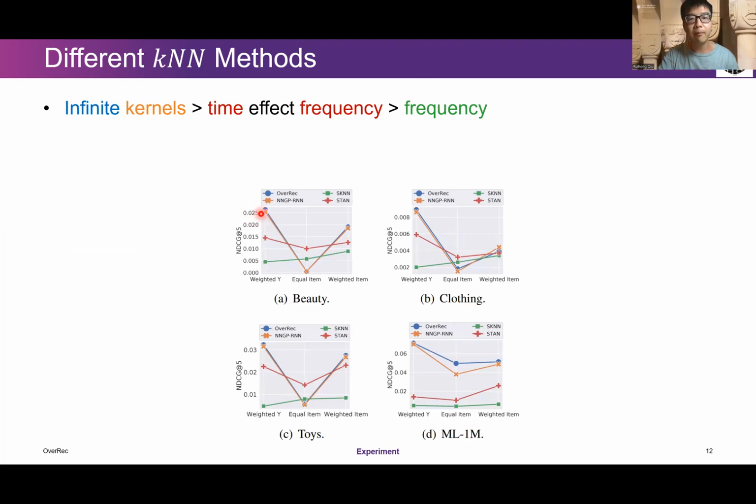And then we also compare our model with different KNN methods. For example, here, the blue line means our overrec model, and the orange cross line means our infinite model with NNGP without training. The red line means the STAN, which uses item frequency with time effects to calculate the sequence similarity. And the green line simply uses the item frequency between different sequences.